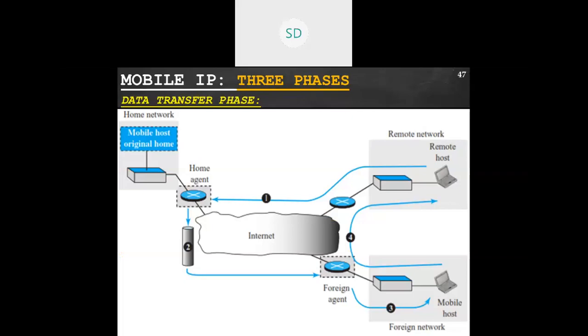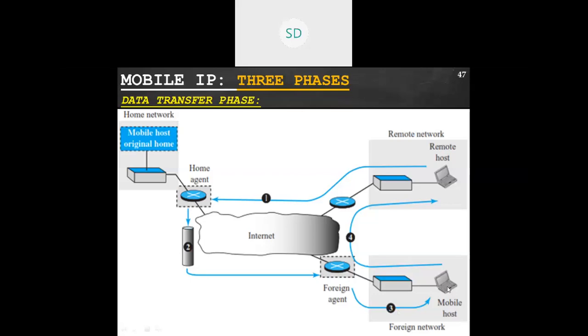The data transfer phase is the last phase. Suppose that from the remote host you want to communicate through the home agent. This is the remote network, and through that you need to communicate with the mobile host in the foreign network. We'll assume that the mobile host is placed in the foreign network. So how will the communication take place?